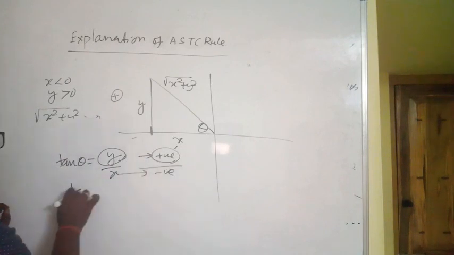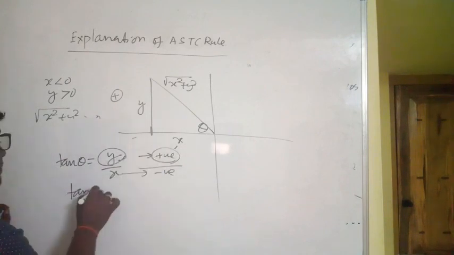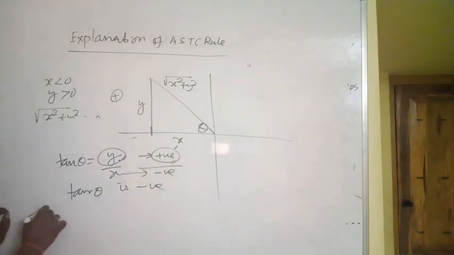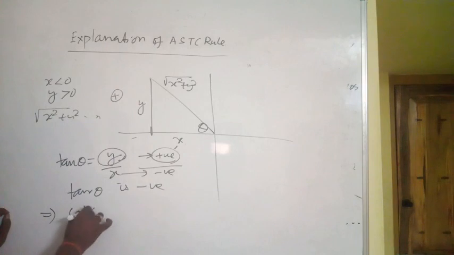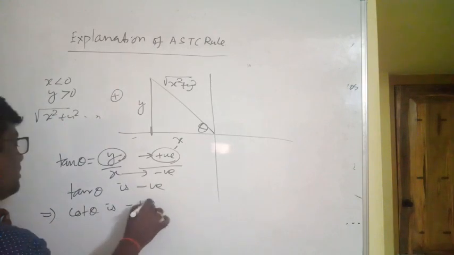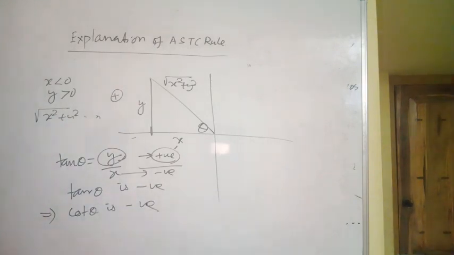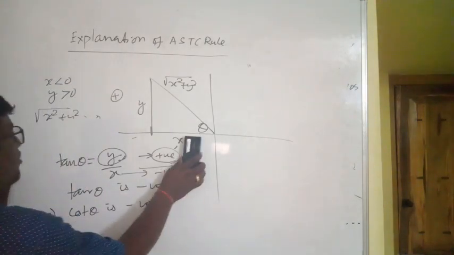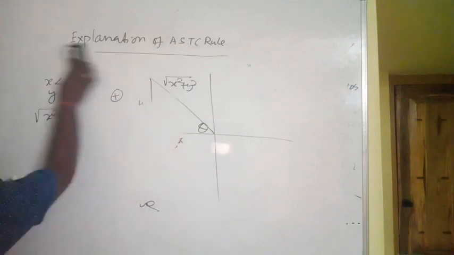So tan theta, positive by negative, is negative, and its reciprocal cot theta is negative. Now about the third quadrant, tan and cot are positive, others are negative.